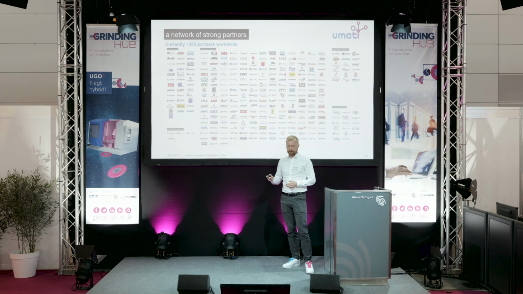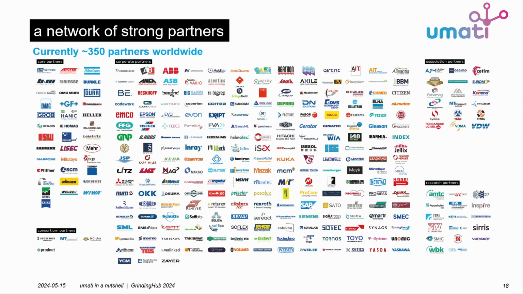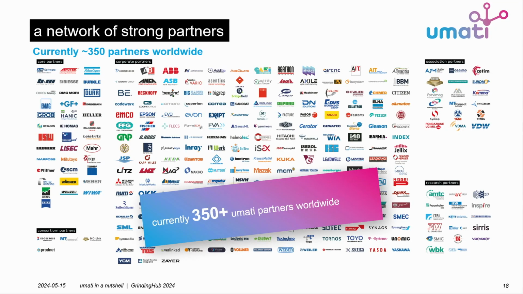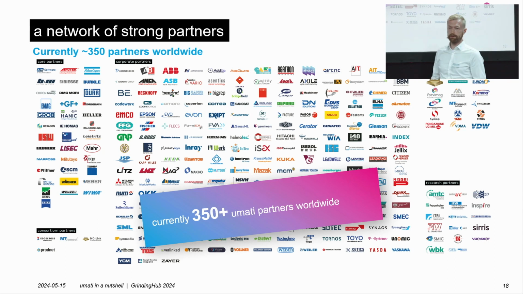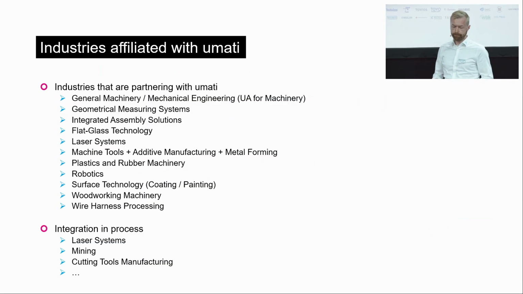We have a huge network of partners. We have over 350 partners worldwide, both in Germany and all over the world. Those partners include, of course, the manufacturers, the association, as well as the research organizations. Currently, Umati is involved with many different industries.